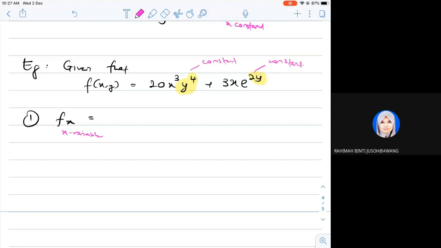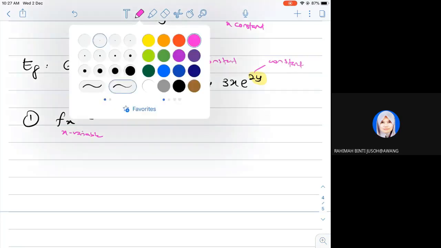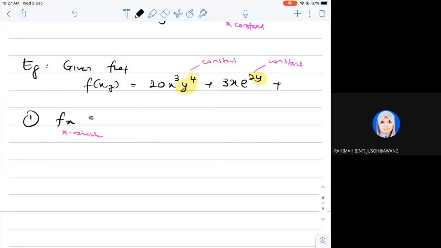Now listen here carefully. Let's say I add another term here, minus 10x plus 3y squared.